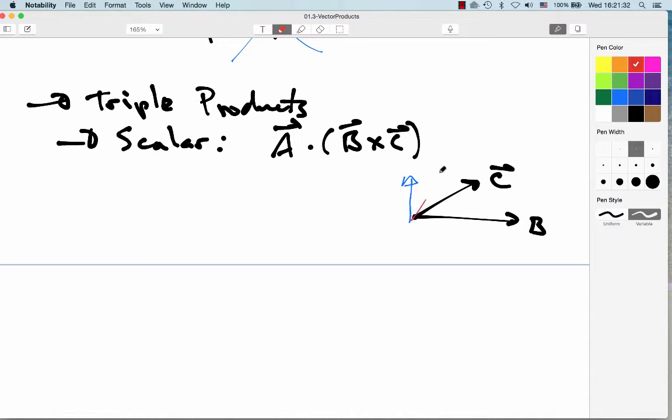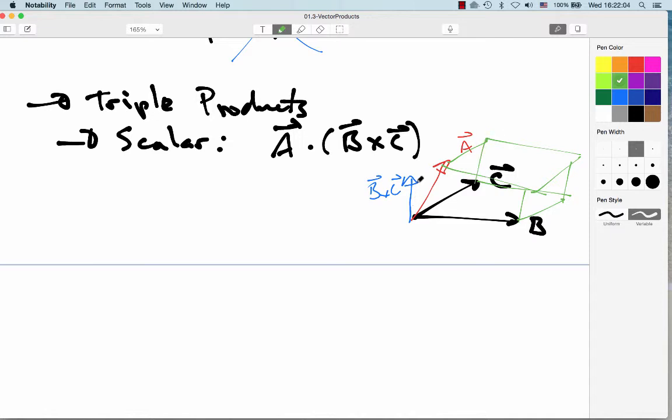Now if this is my A, like so, this would correspond to multiplying the projection of B cross C onto A, or the projection of A onto B cross C. But either way you care to think about it, that amounts to being equal to, and forgive the horrendous art that you're about to have here, the volume of that.